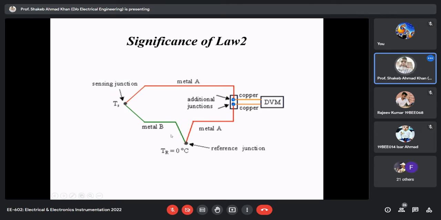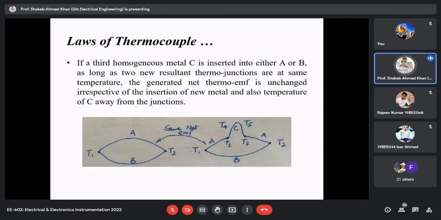The output voltage only depends upon the junction temperatures. This is the significance of law number 2.